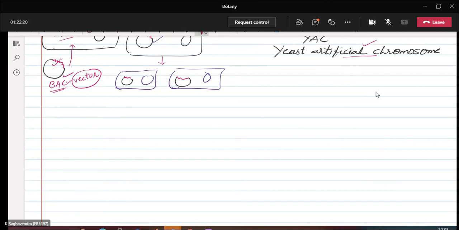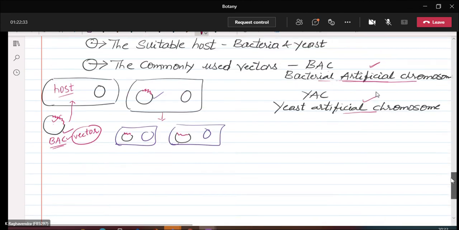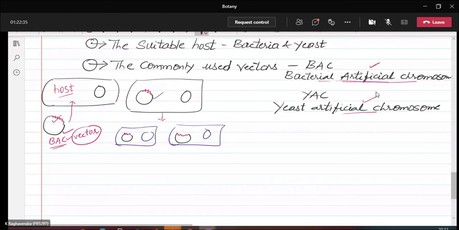Sir, if the fragment of DNA does not have any origin of replication, then how will it replicate? Which fragment of DNA do you mean? The desired fragment, right? Yes, sir.